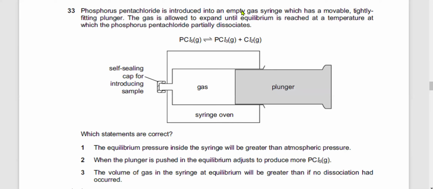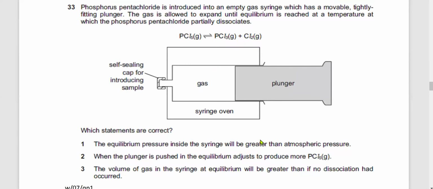And the next one. What's wrong with the first one? The equilibrium pressure inside the syringe would be greater than the atmospheric pressure. Want it to be the same? It's going to be the same because if the pressure inside is greater, then the plunger would be pushed out.